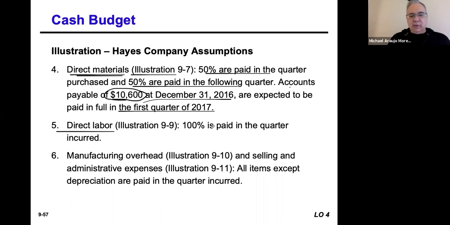Direct labor, 100% is paid when it happens. Again, for manufacturing overhead and selling and administrative expenses, they're always paid in the quarter that they happened. The exception is depreciation here.